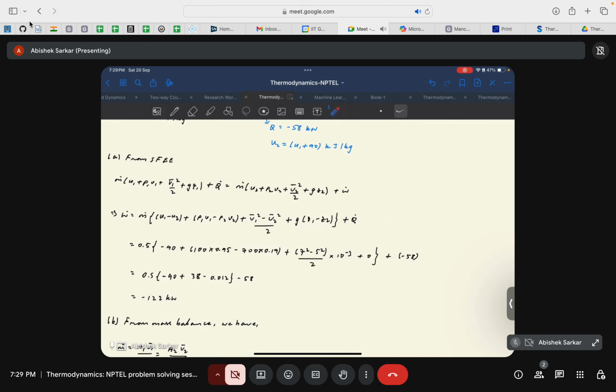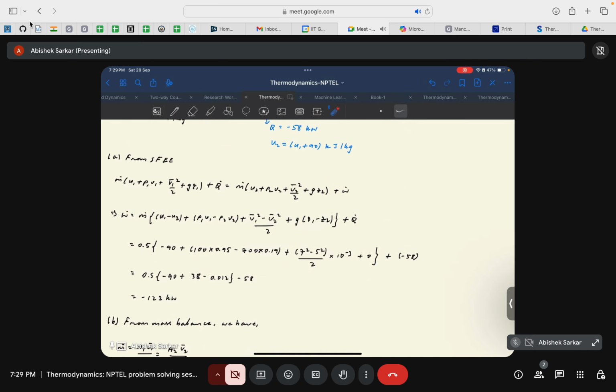You need to keep uniformity in the units. For (v1 square minus v2 square) by 2, if you substitute the velocity in meter per second, it is in terms of joules only, so you need to multiply it by a factor of 10 to the minus 3 so that this term becomes kilojoule per kg.